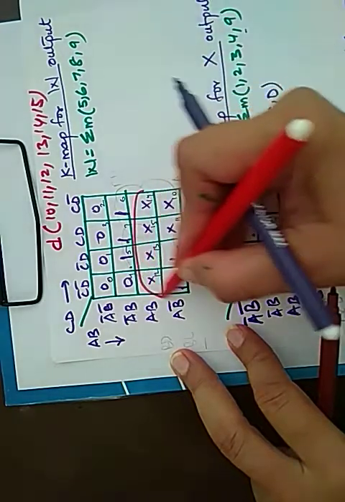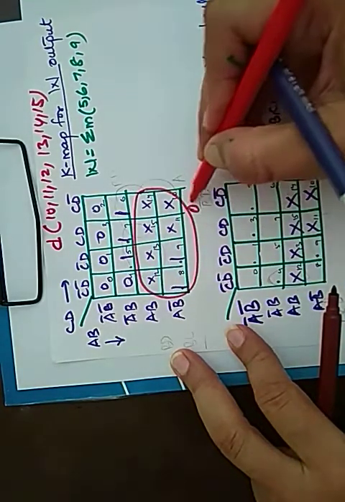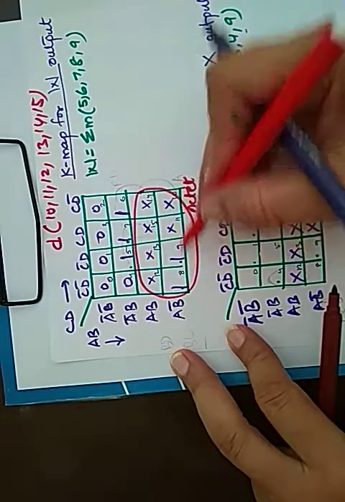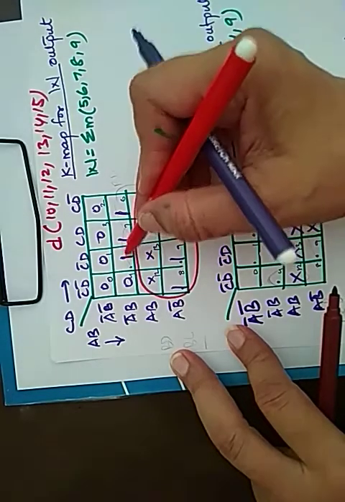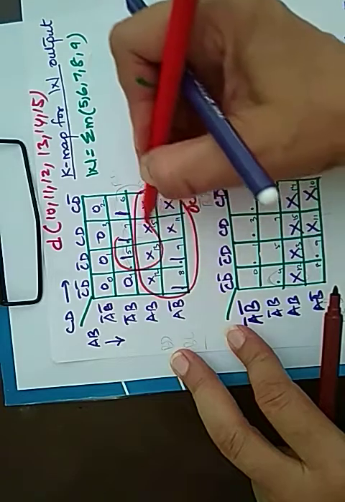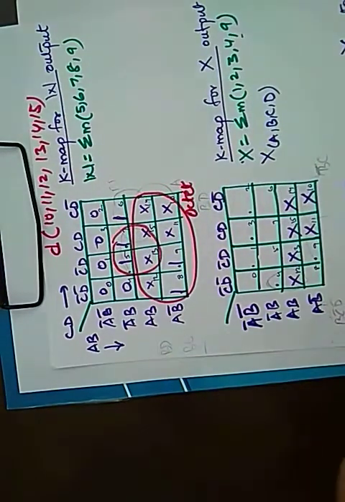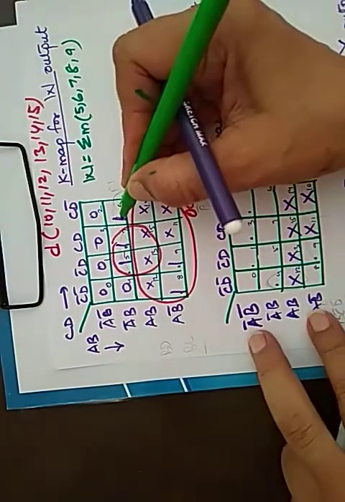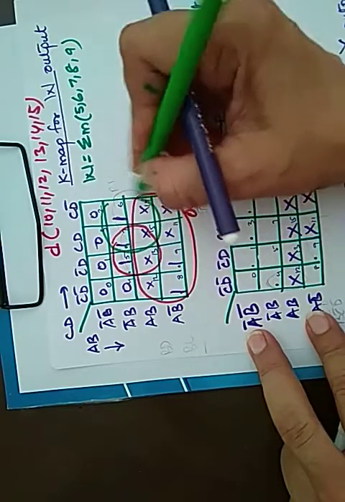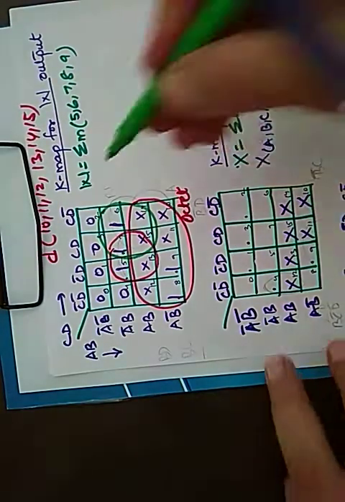In this case, we find a big group, which we call an octet. These X don't cares can be taken as 1. Now you're left with these 3 ones. The best combination is to put this one into this quad, and this other one also into a quad rather than a pair. So we have 3 quads.